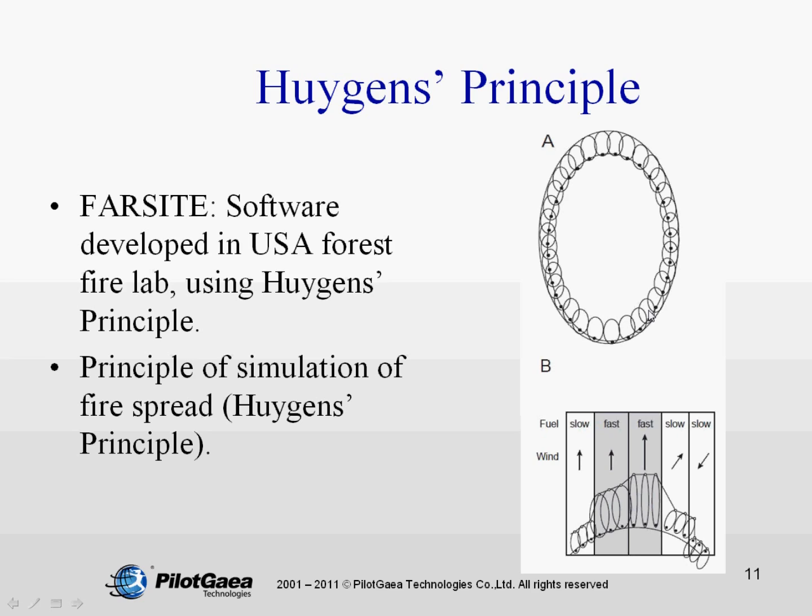The spread begins from each ignition point, and then the collection of the total burnt area of each small flame is the final burnt area of the flame. In Figure B, different shapes of spread are generated by different speed and fuel model, and then the shapes of spread will be different.